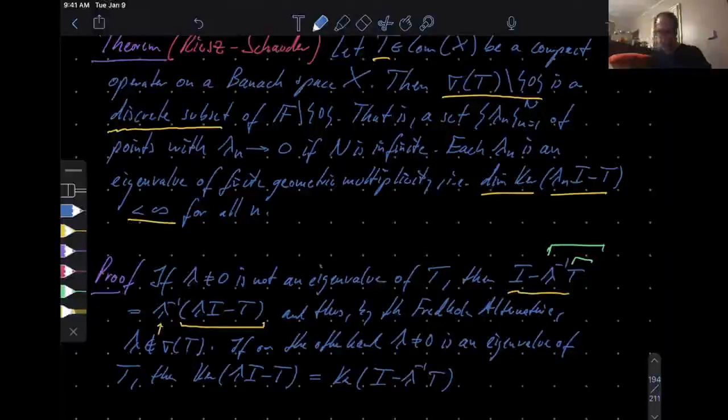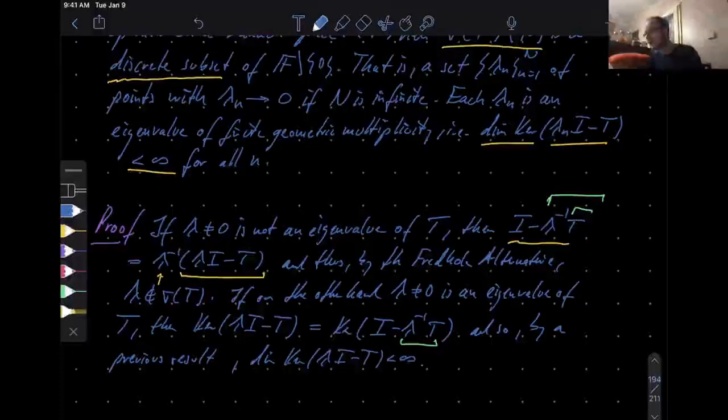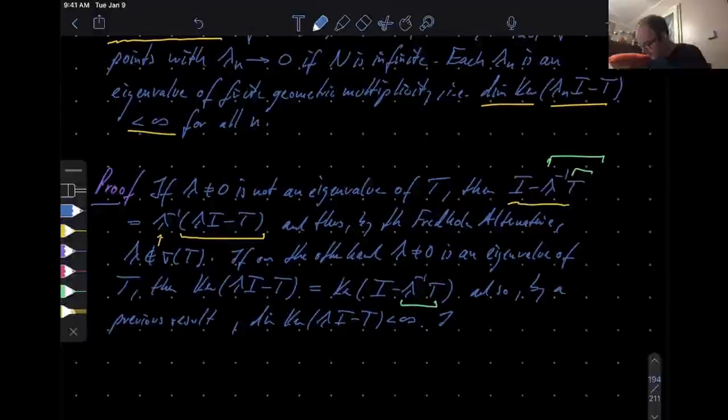But the kernel of identity minus compact, which again you are facing here, is always finite dimensional, right? That we already know, right? And so by a previous result, that's the proposition right before the Fredholm alternative, the dimension of the kernel of lambda I minus T is finite. Okay, excellent. So it now remains to prove the discreteness.